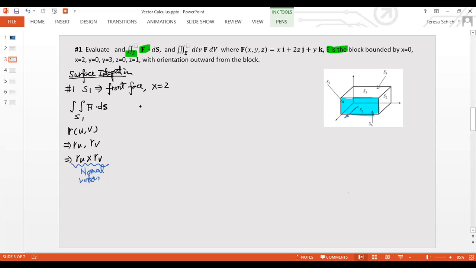Instead of going through the parameterization, the normal vector will be (1, 0, 0). It only has the i component, the x component, and is perpendicular to this S1 plane.